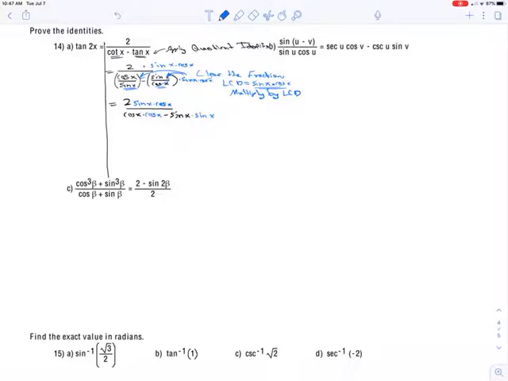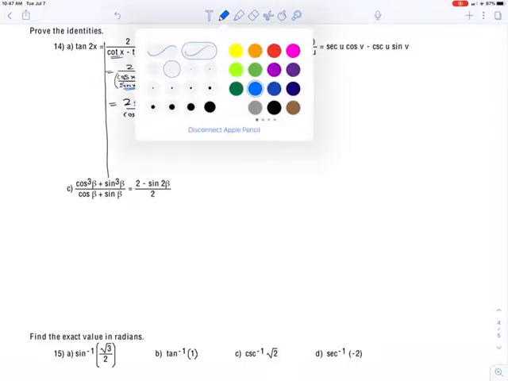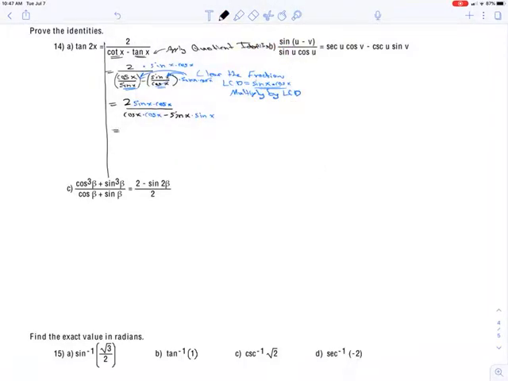All right, so it's clearing out the fractions, simplifying nicely. And let's now write down the product that's remaining. So we have in the numerator 2 sine x cosine x divided by cosine times cosine, which is cosine squared x, minus sine times sine, which is sine squared x.